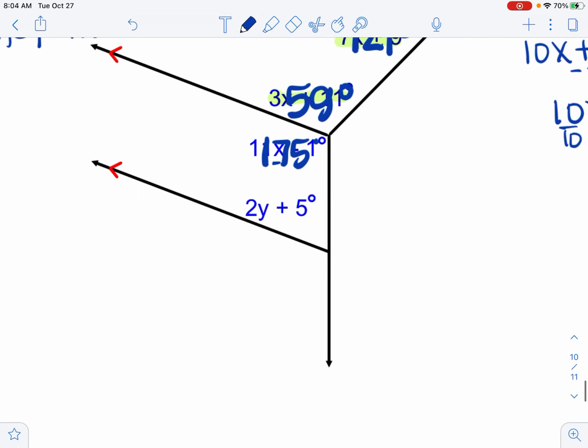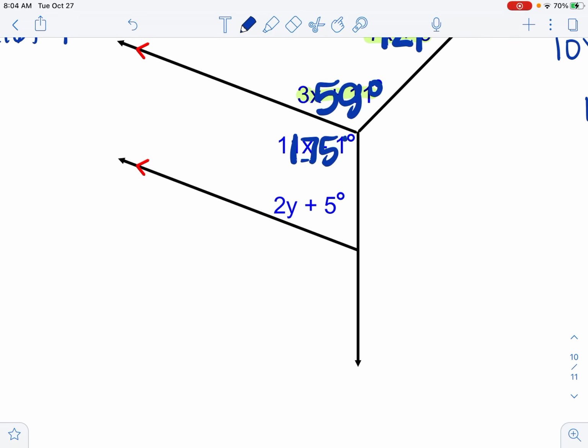Okay, now I still need to find z and y. So I'm going to start with y because it comes first in the alphabet and I feel like it. So if you look, these 2 angles right here, let me highlight what I'm talking about. This angle and this angle are supplementary. They're same side interior angles. So they have to add to 180. So I know that this angle is 5 degrees right here.